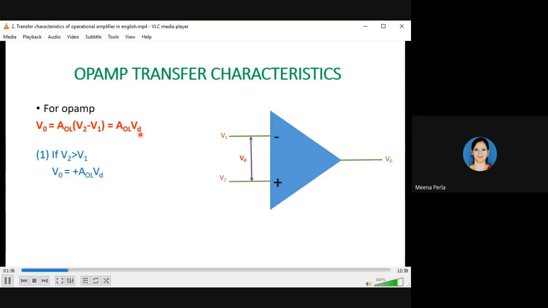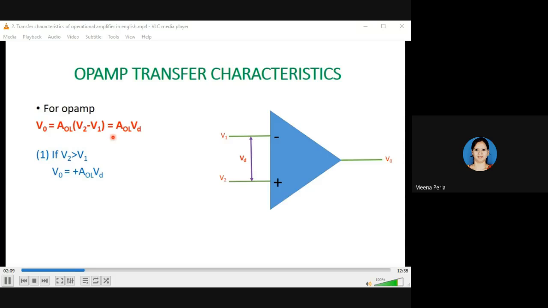This is for drawing the operational amplifier characteristics. This is the symbol of the operational amplifier, and we know that it consists of two input terminals and one output terminal. The negatively marked terminal is called the inverting terminal, and the positively marked terminal is called the non-inverting terminal. We know that operational amplifier always amplifies the difference of the input signals, meaning it amplifies the input differential voltage Vd, which is equal to V2 minus V1.